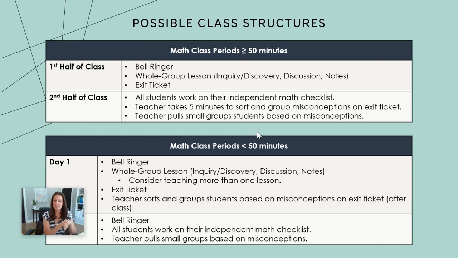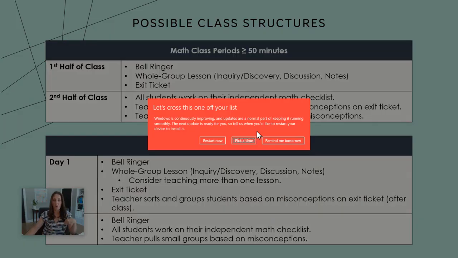And then students took an exit ticket, and that is where I would choose a problem or 2 from an essential standard from that lesson. And they would have to answer, and then they would rate themselves on their understanding so I could gain an understanding of how confident they feel. Then you could tell, do they understand what happened in the lesson, and do they feel confident about it?